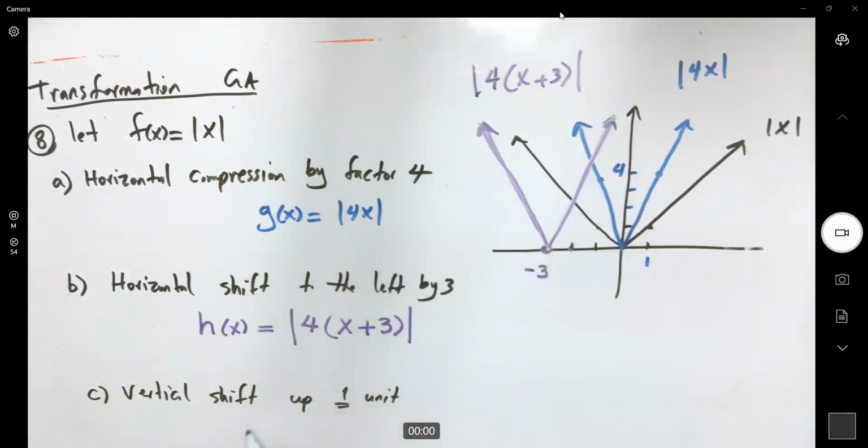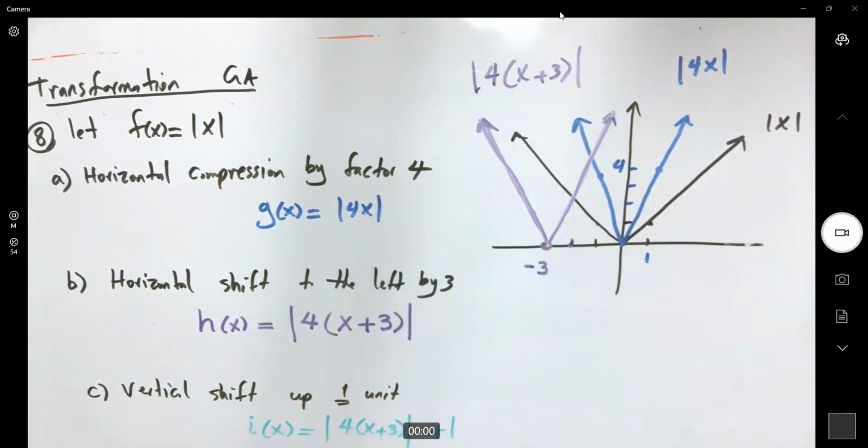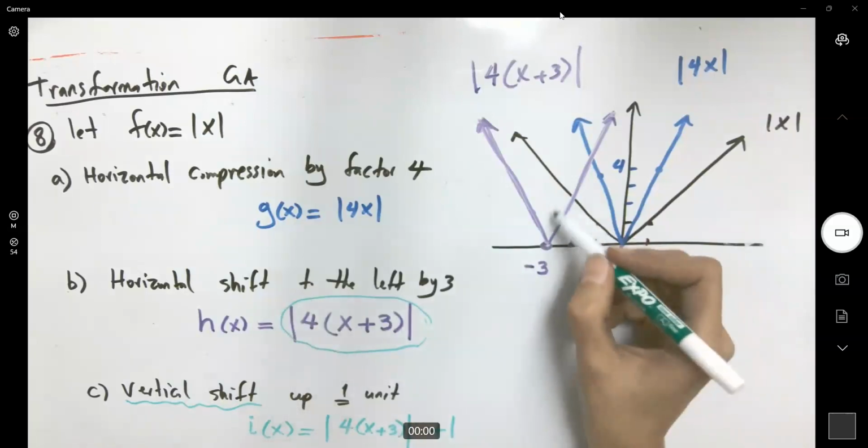So it becomes f of x, which is absolute value of 4x plus 3, plus 1 unit. I'm not changing my x anymore. I'm changing my y. A vertical shift is a change in your y. This is my y, and I'm moving y 1 unit upward.